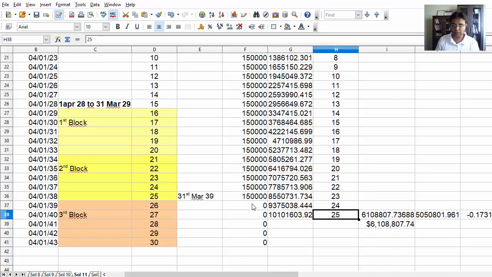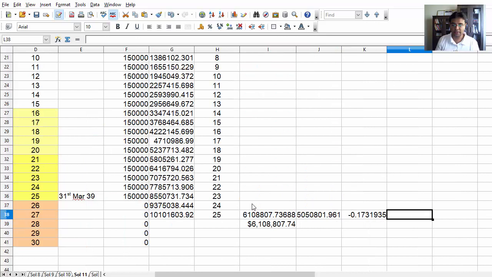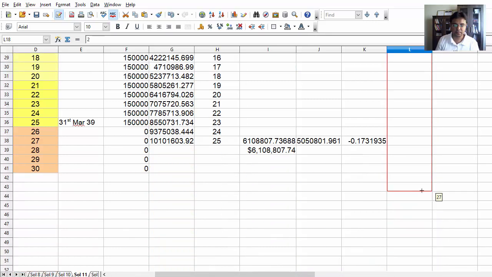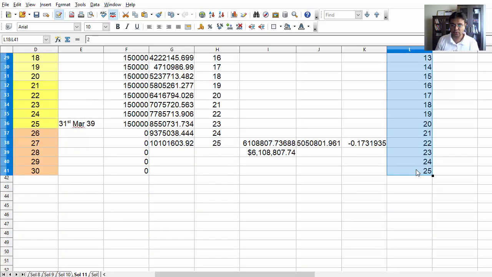Okay, now since 50.50 lakh is withdrawn, what is remaining? So the remaining will grow for Stephanie. I'll take this column, that is for me the column L, and as of now I'll put the age of daughter as 1, and same, I have to take till age 25. Till age 25.